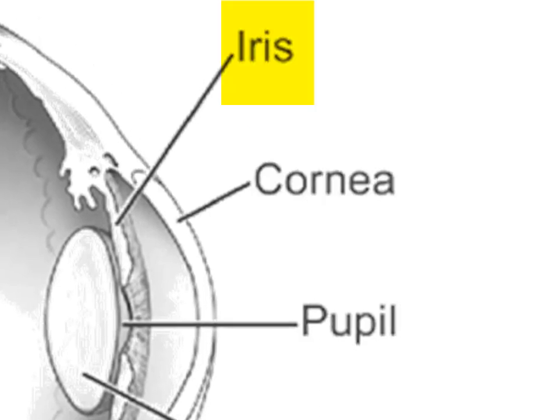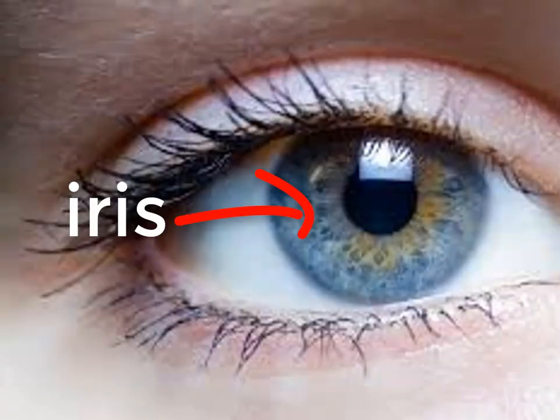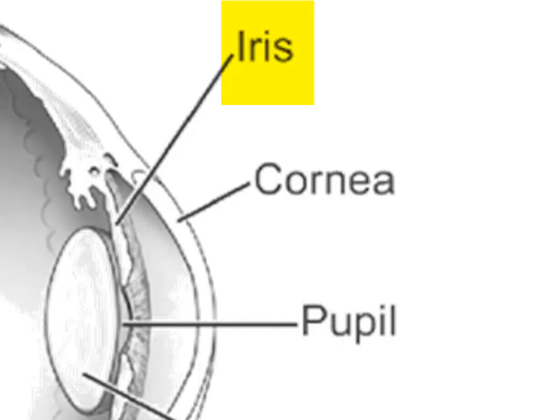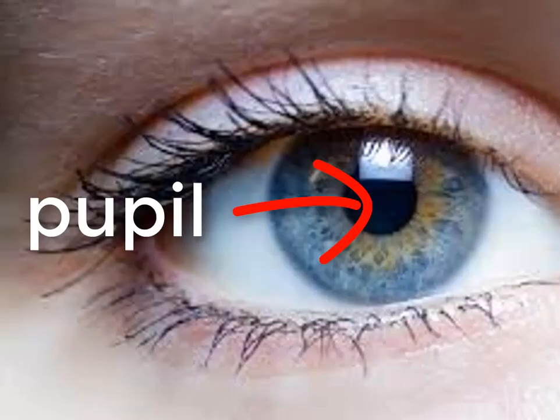And then here we have the iris. The iris is the colored part of the eye. That's the one that can be blue, green, brown, whatever color for different people. Now the iris is actually a muscle, and it's a muscle that has a hole in the middle of it. That hole is called the pupil. The pupil is the black part that we see from the front. It's actually a hole.